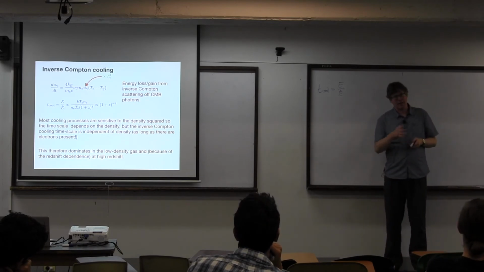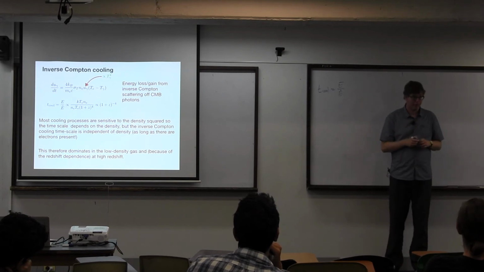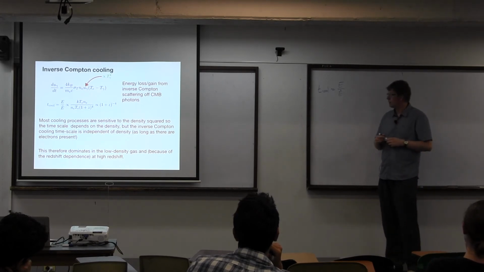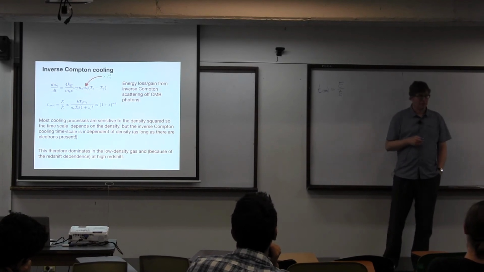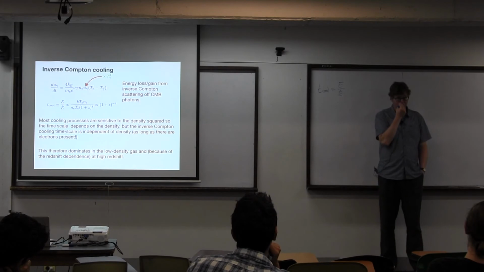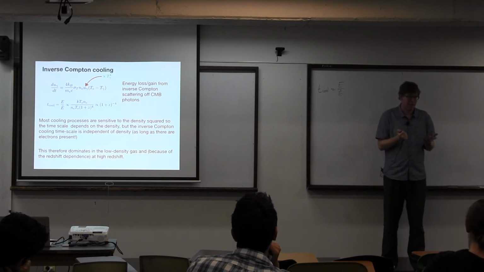Angular momentum doesn't matter at all in itself, because all of these processes are independent of angular momentum. You conserve angular momentum through all this. So cooling never affects angular momentum.